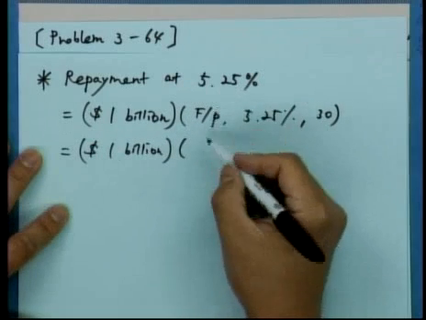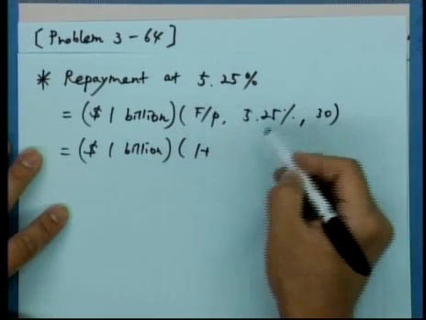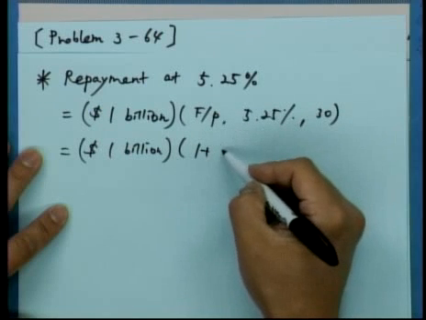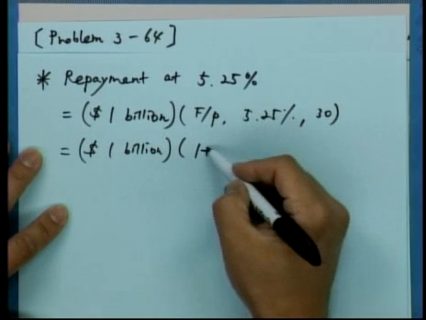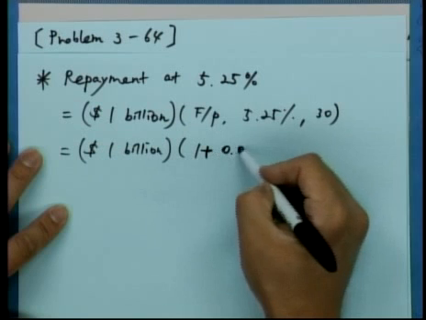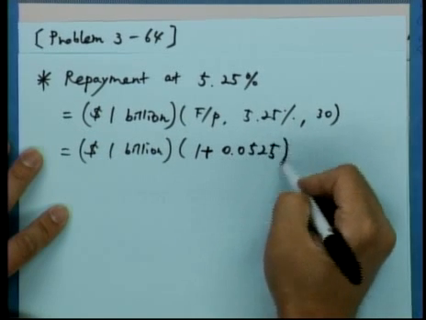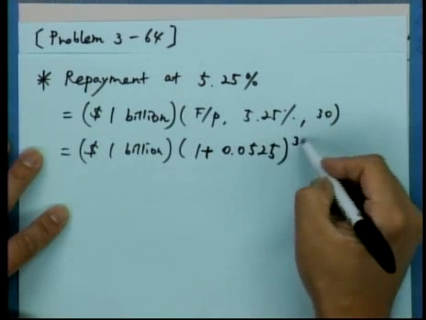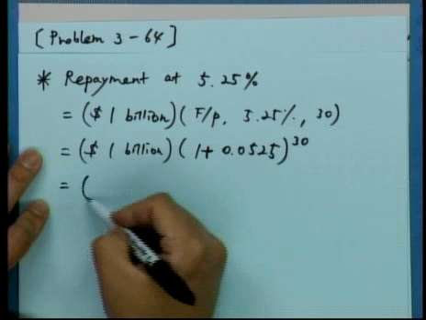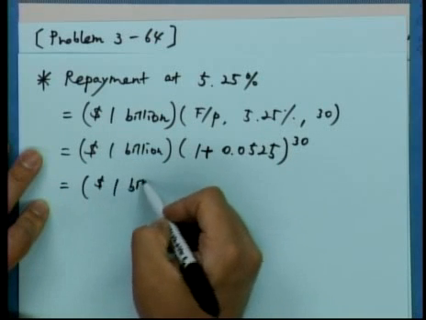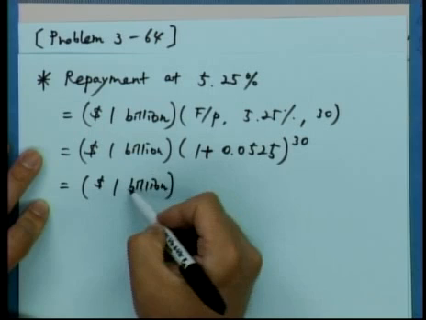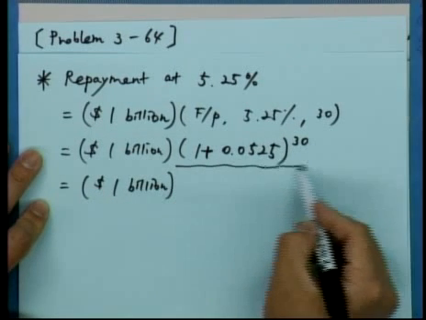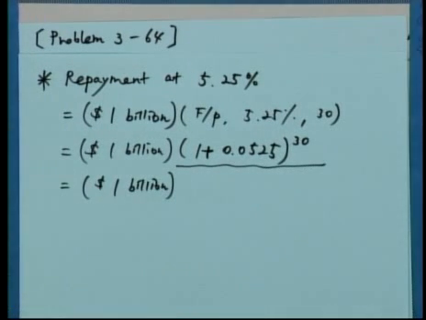Another expression is 5.25% is 0.0525, right? To the power 30. And what about this value?